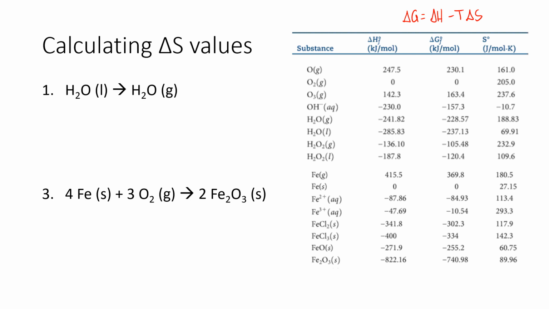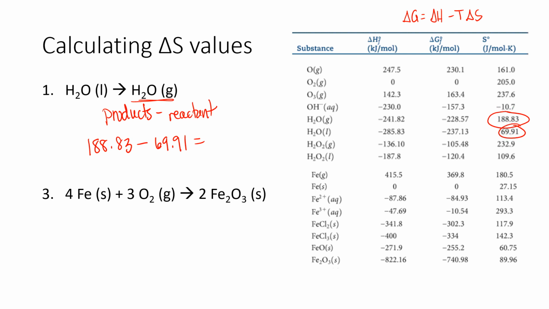So if we're going to calculate the delta S value, it's going to be products minus reactants. So I'm going to look up the entropy of my gaseous water, which is right here. It is 188.83, and then I'm going to subtract from it my liquid water, which is 69.91. 188.83 minus 69.91, and I get positive 118.92.